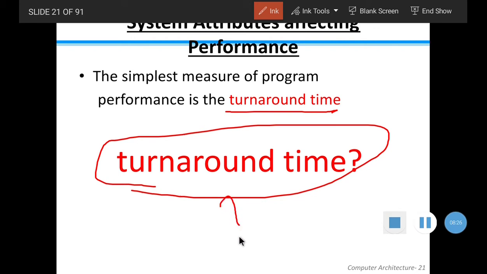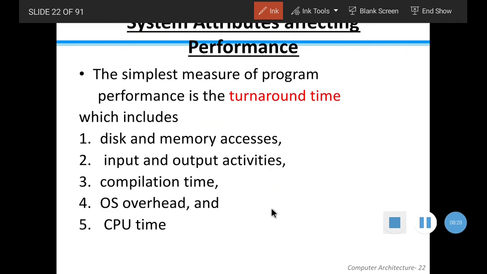Turnaround time includes disk and memory access, input and output activities, compilation time, OS overhead, and CPU time. All these are included in turnaround time.